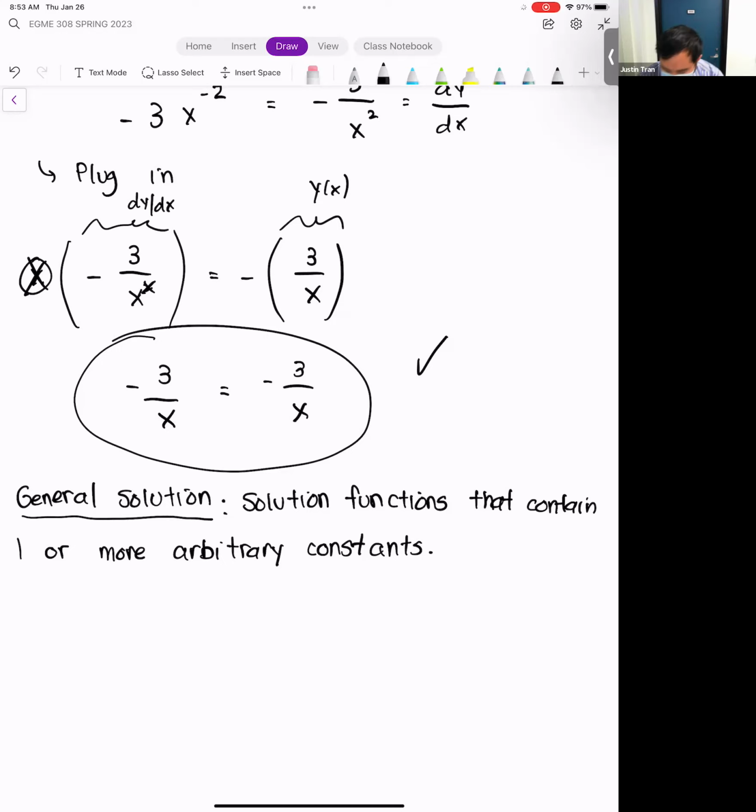The key word for this is arbitrary. For example, let's go back to our previous example.